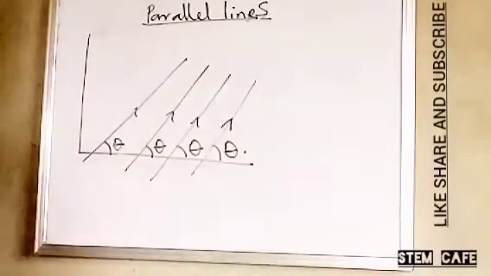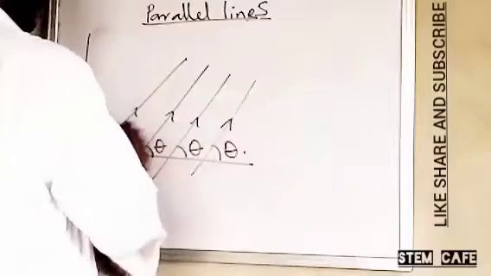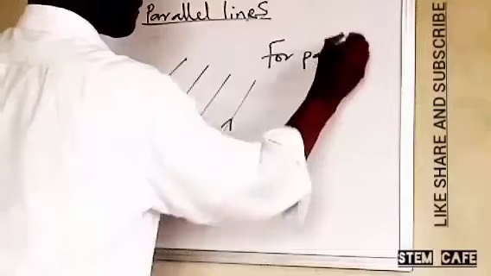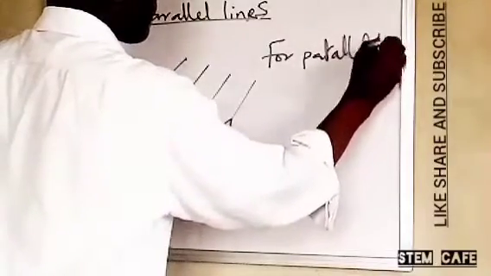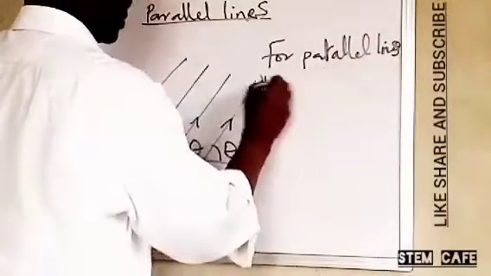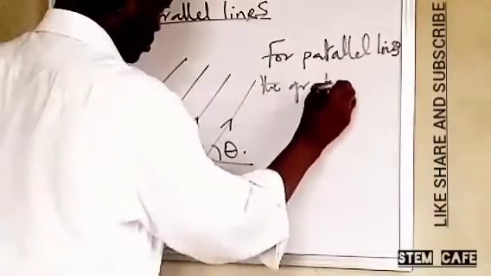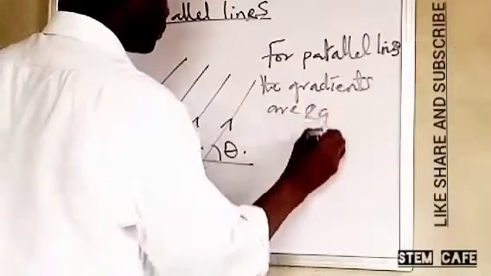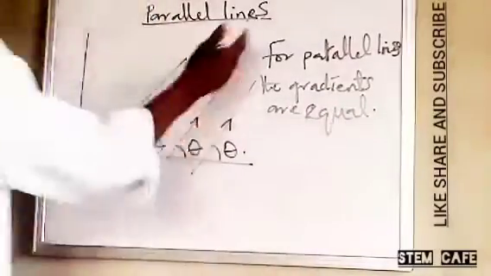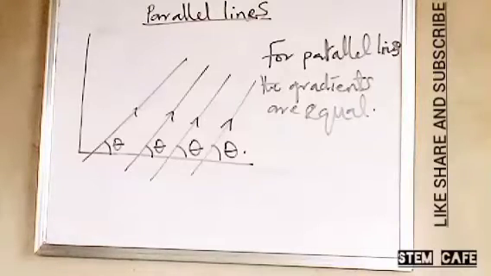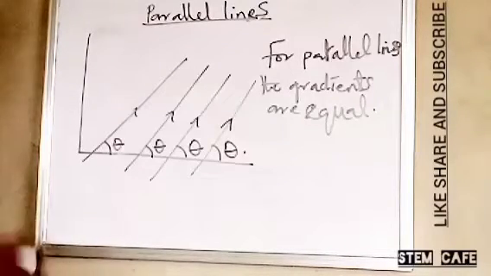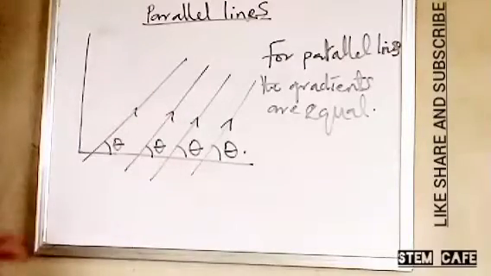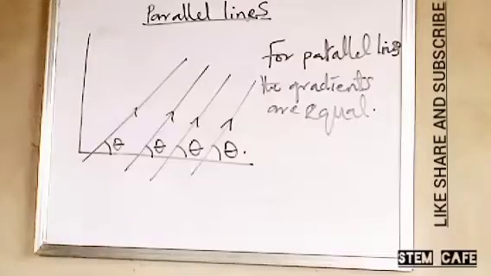So what does that show us? It shows that for parallel lines, the gradients are equal. And they cannot intersect, they cannot come in contact with themselves. So that is the major thing about parallel lines: the gradients are equal.